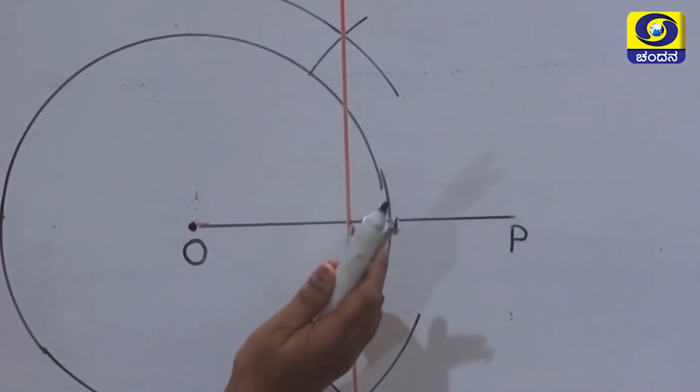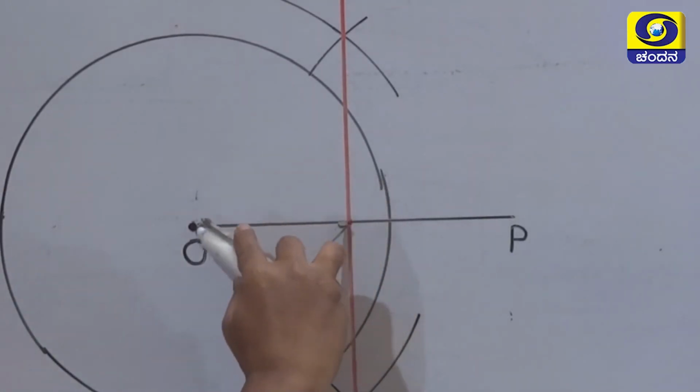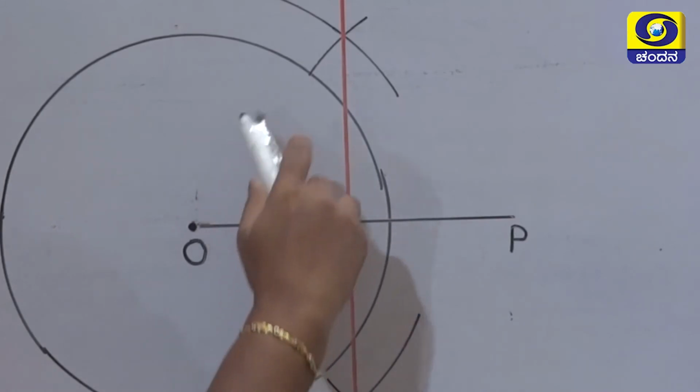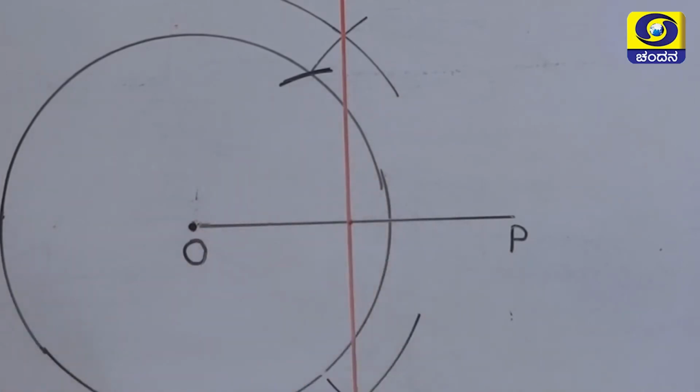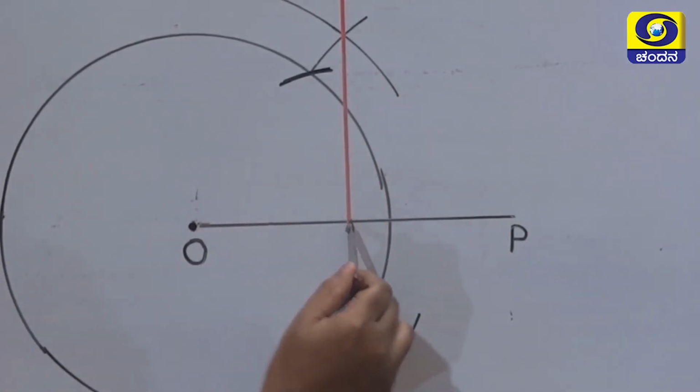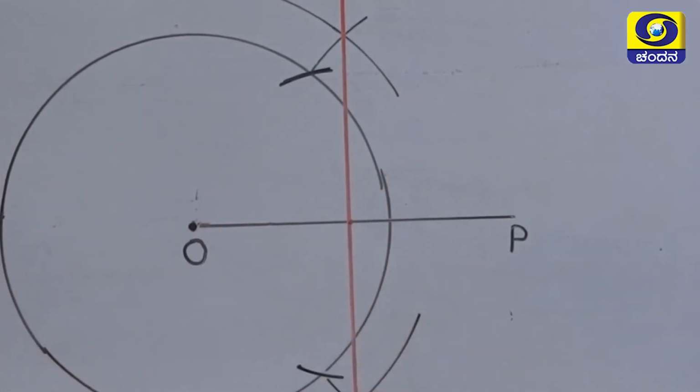Now keeping the needle at this midpoint, taking this distance, you just mark an arc on the circumference of the circle on both sides. Now you just draw the lines starting from P, passing through these arcs.